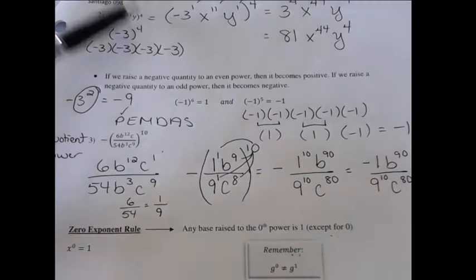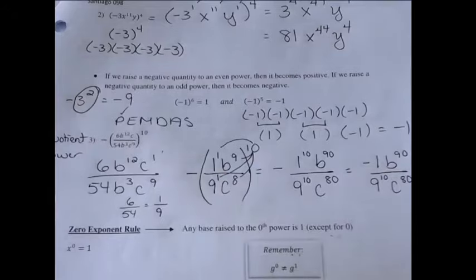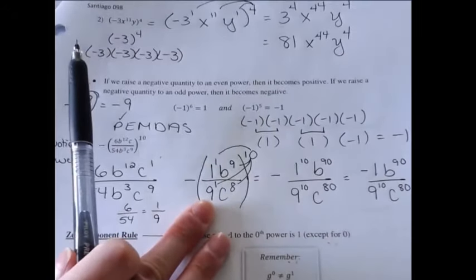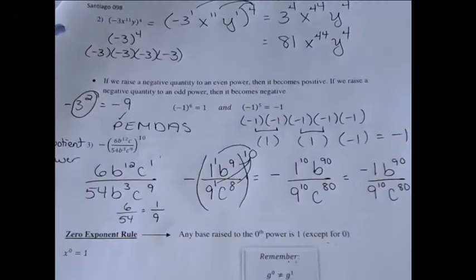Notice a negative raised to the fourth power becomes positive. So we have 3 to the fourth power, x to the 44th power, and y to the fourth. Then we took it a step further and saw that 3 to the fourth power is the same as 81. 3 times 3 times 3 times 3.